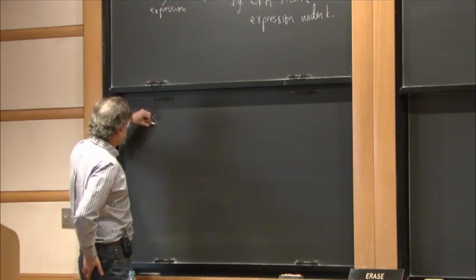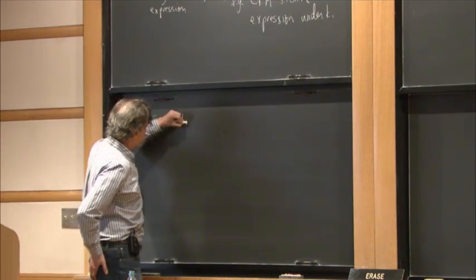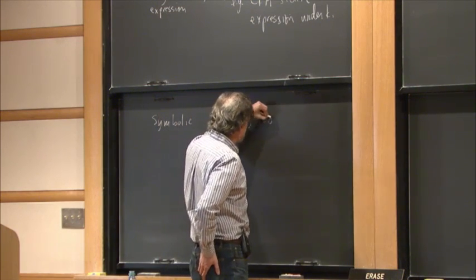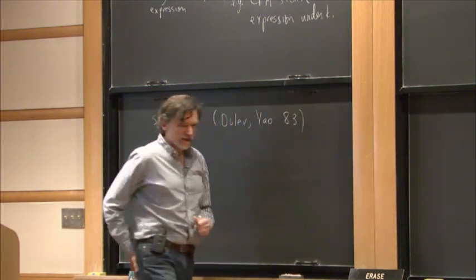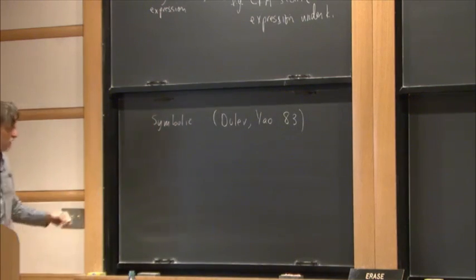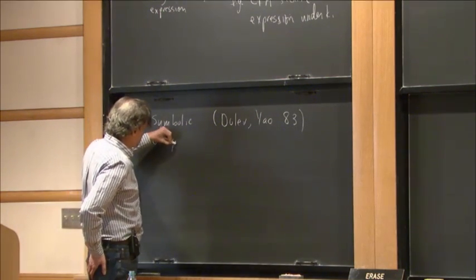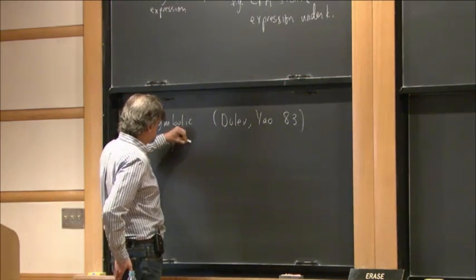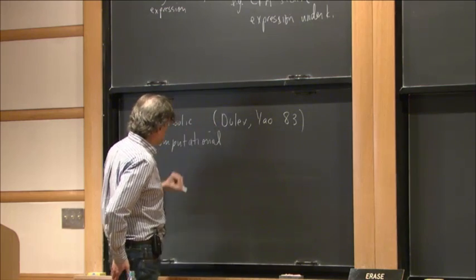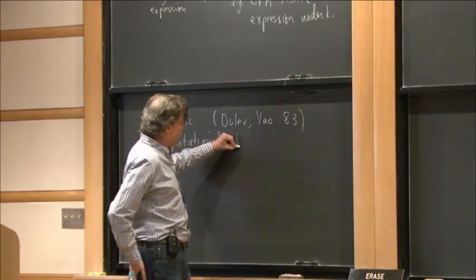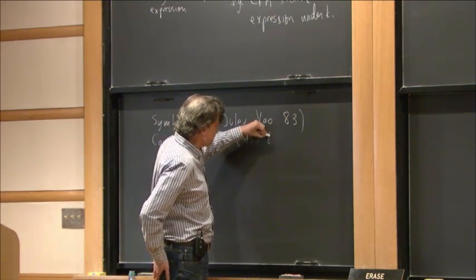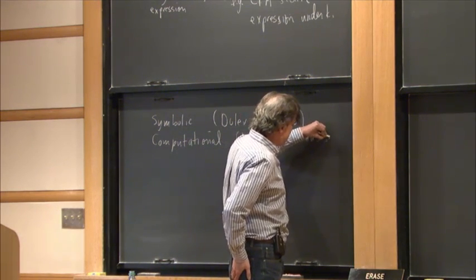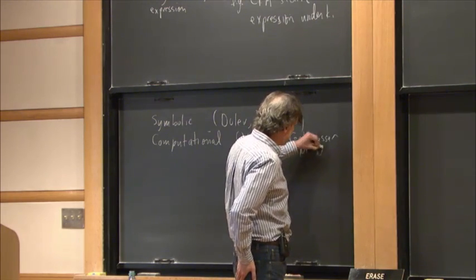So the symbolic approach really started with the work of Dolev and Yao in '83, what became called ping pong protocols. The computational approach, well, Yao was involved there again in '82, and then Goldwasser and Micali gave definitions of secure encryption.